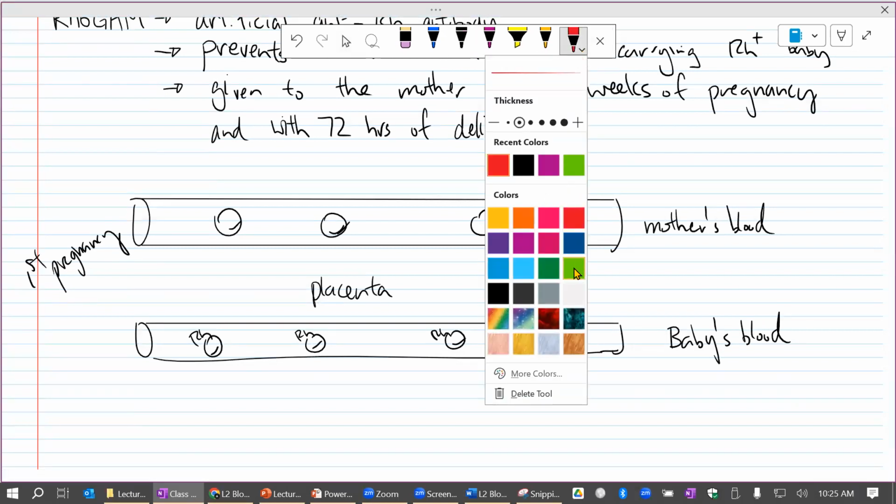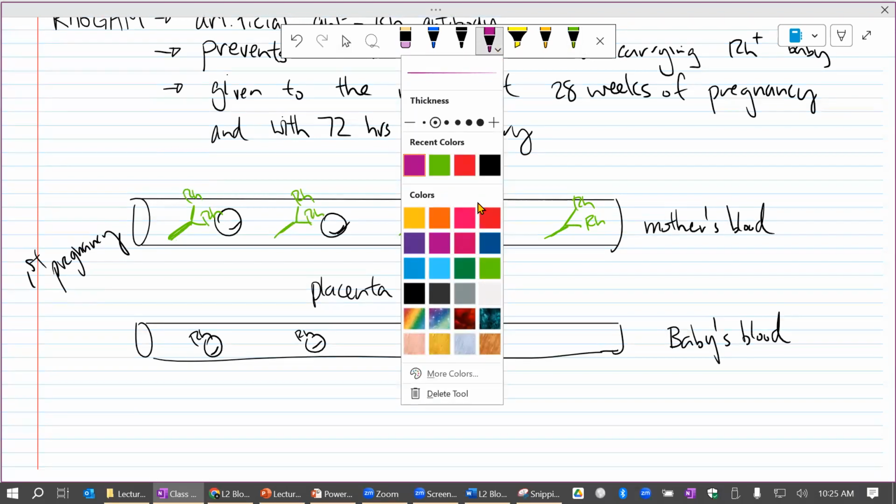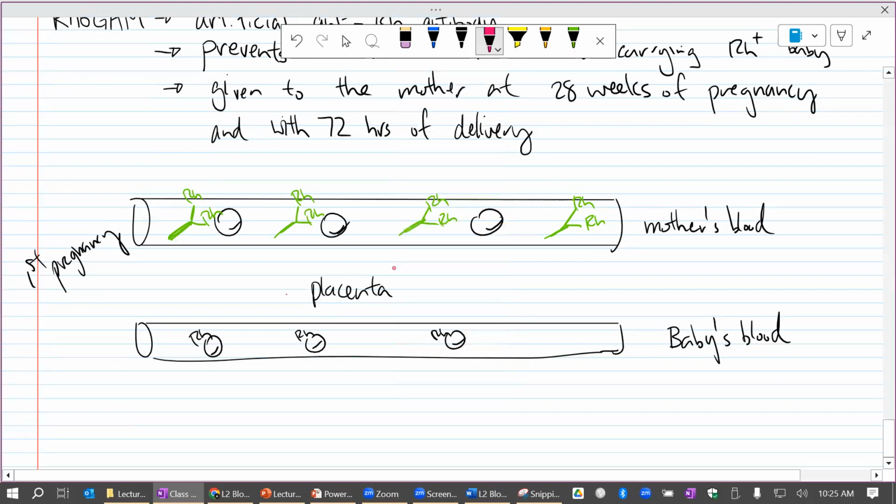We are going to give this mother a shot of RhoGAM. Okay, so that's the RhoGAM. Now let's say that the placenta was damaged during delivery, or even during the second, third trimester, okay?